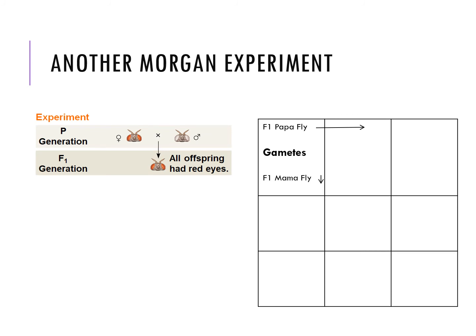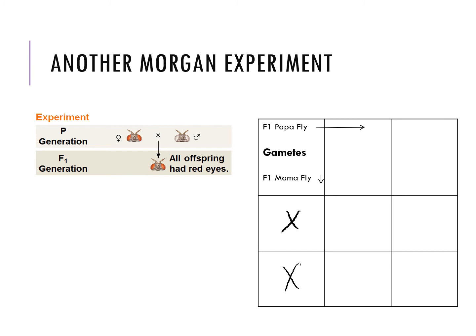Now we're going to allow this F1 generation to breed with each other. So we've got mama fly here, XX. Mama fly has all red eyes.